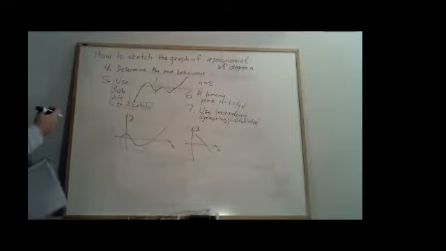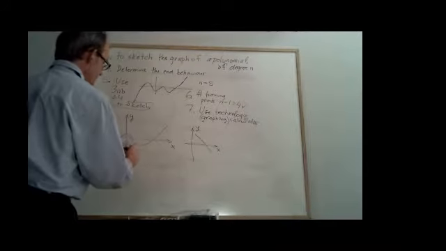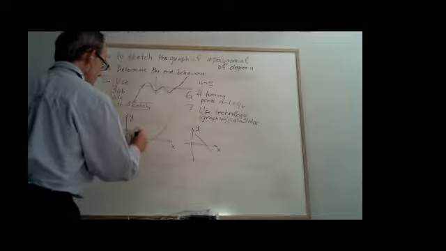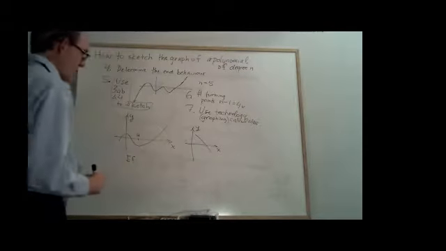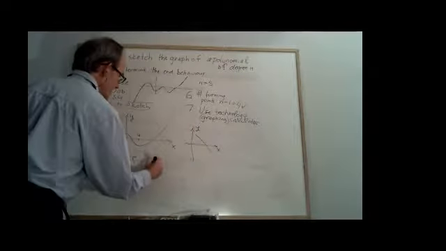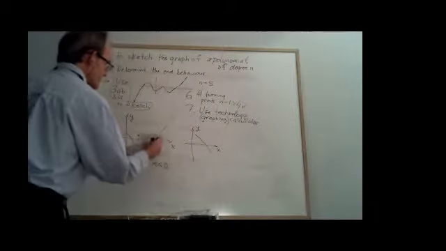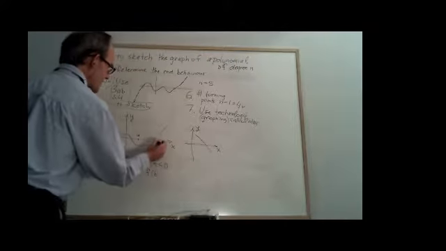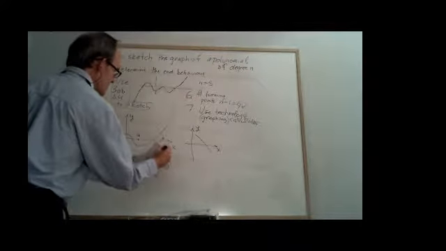Okay, and the theorem says that if a value of x, say x equals a, gives you a value for the function that's less than 0, and there's a value of x greater than a, namely b, so b is greater than a.